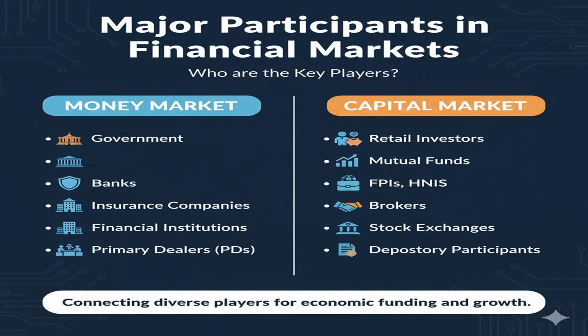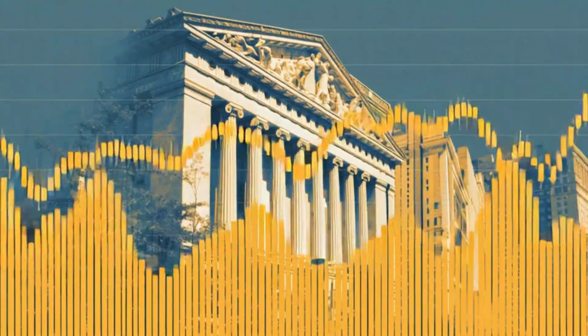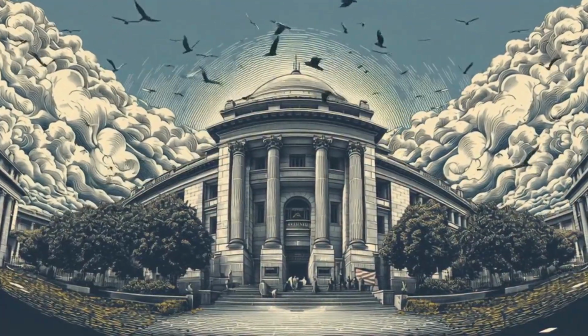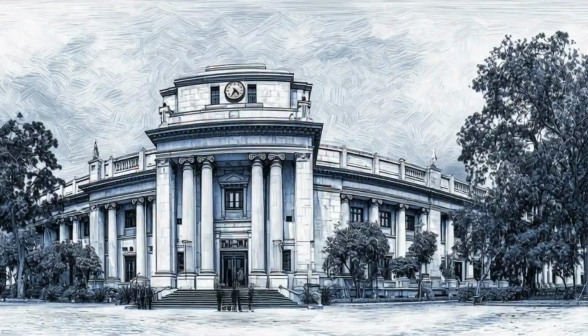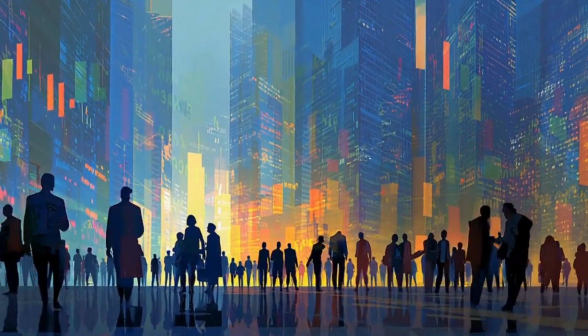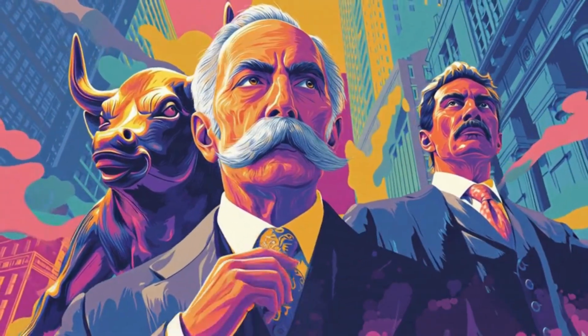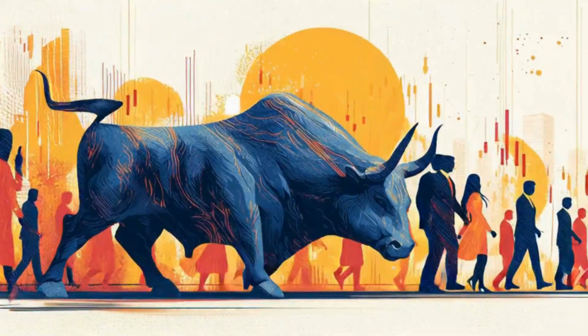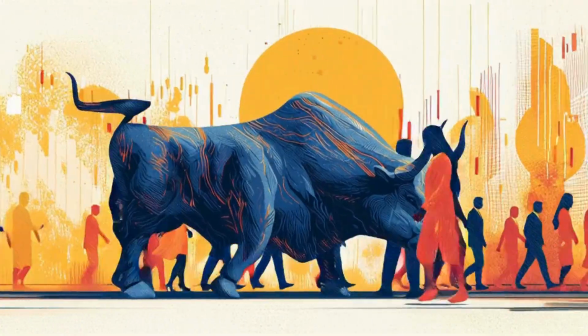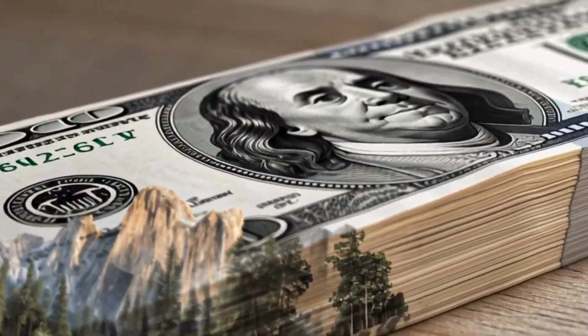Who are the major participants? In money markets, the major participants are the government, banks, insurance companies, financial institutions, primary dealers, PDs, etc. In capital markets, the key players are retail investors, mutual funds, FPIs, HNIs, brokers, stock exchanges, depository participants, etc. Finally, what about returns?